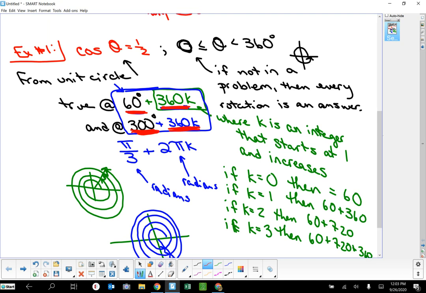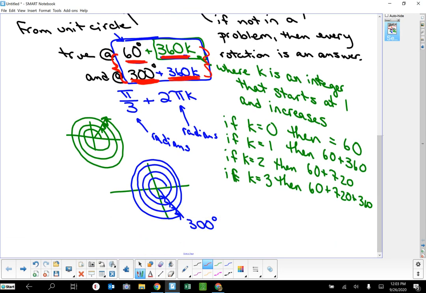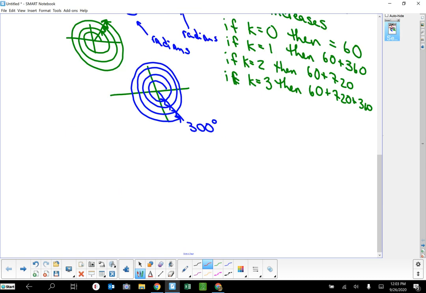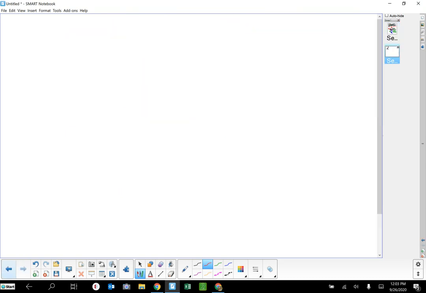With sine and cosine, you're going to have two answers like this, where you're going to add 360 degrees to each of them. Tangent is a little bit different, and we'll talk about that when we get to that. But we'll do that in a little bit. Okay, I want you to do some sines and cosines first. Oh, next page, not further down the page. All right, here's another one.